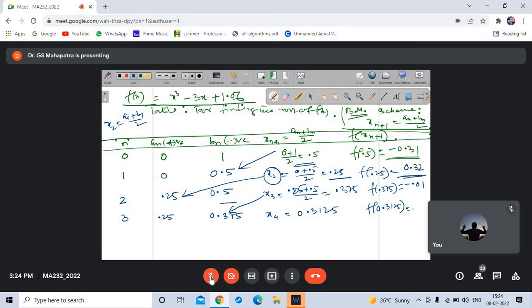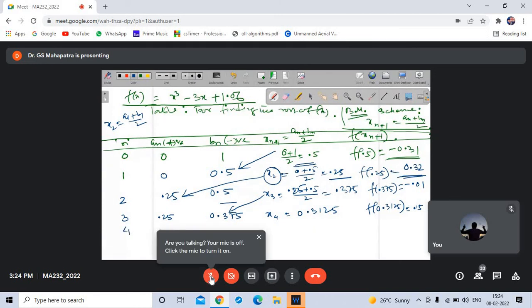It will take time, I know. Okay, do it. 0.15. So positive. Okay. So positive means fourth iteration.